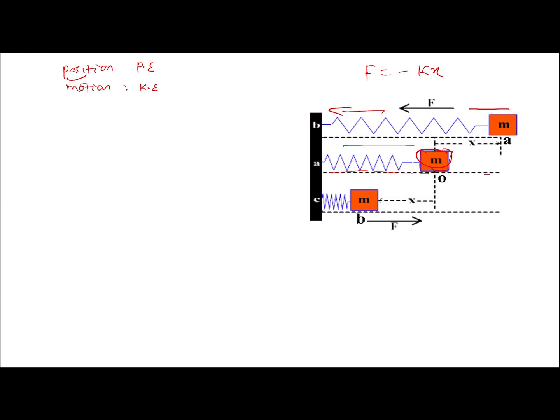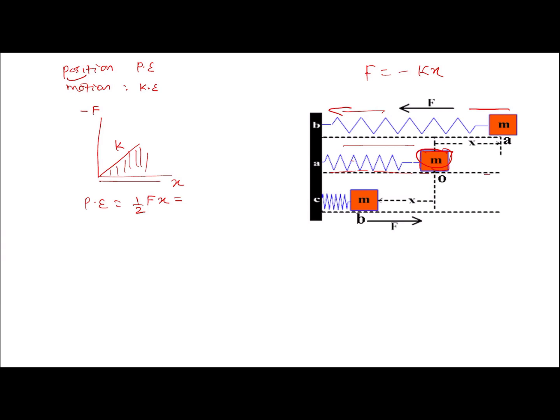We know the force is minus kx. If we plot minus F versus x, you get a straight line whose slope is the spring constant. We learned about that last time. The area under this curve is the potential energy, which is 1/2 of base times height, so force times x.